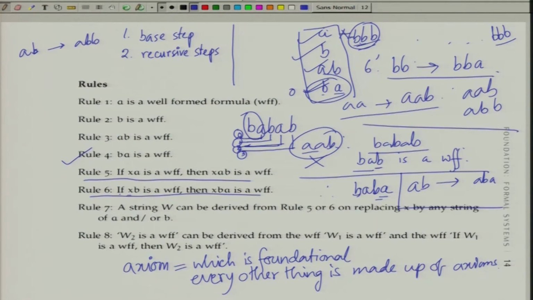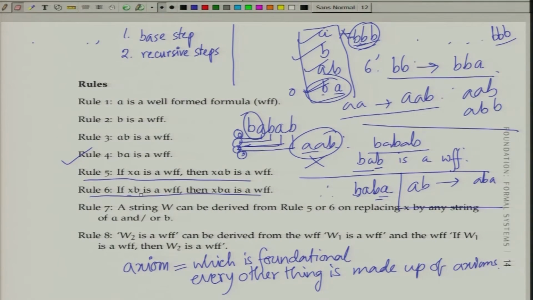You could have done that, but it is once again stopped at this very level, because it alternates. The rule says that if AB is a WFF, then ABA is a WFF. Yes, once again it stops the generation of a string like ABA.